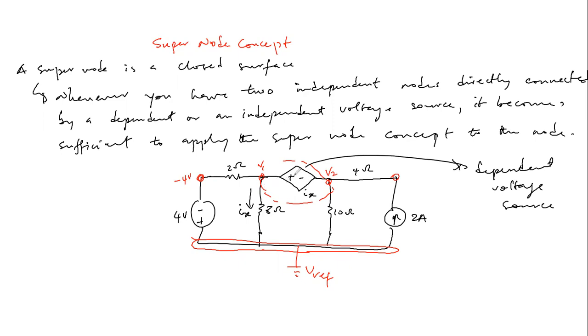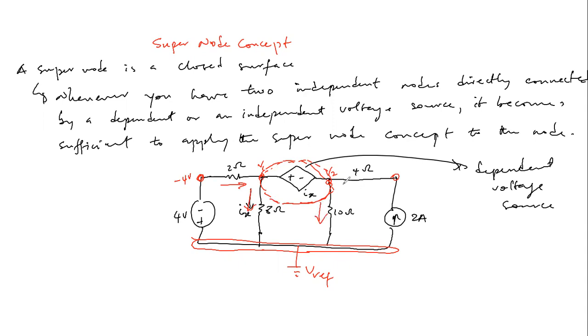Because at this point, we may not be able to identify the actual current flowing through, okay? So we now treat this entire closed surface as a supernode, with currents flowing into this closed surface and flowing out.